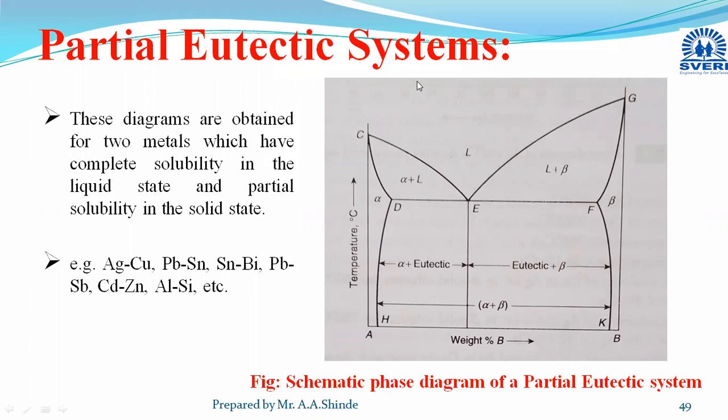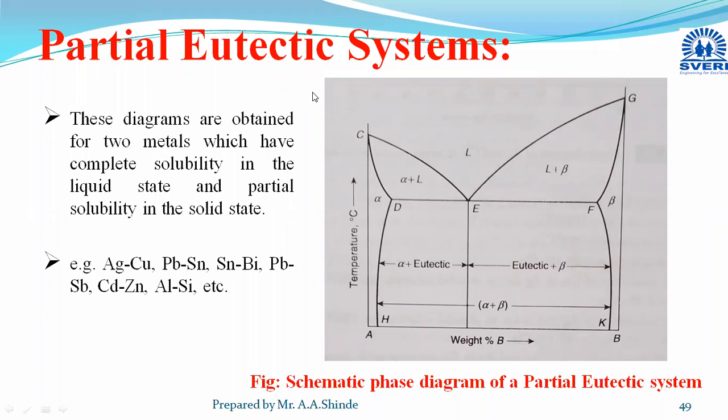In the previous session, we started the concept of the phase diagram. We discussed what is the meaning of a phase diagram, and how phase diagrams are useful for us in metallurgy, and we discussed the brief classification of phase diagrams for binary systems, meaning the alloy has two elements only.